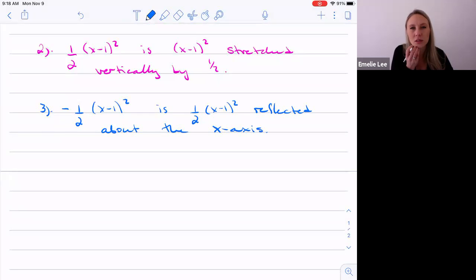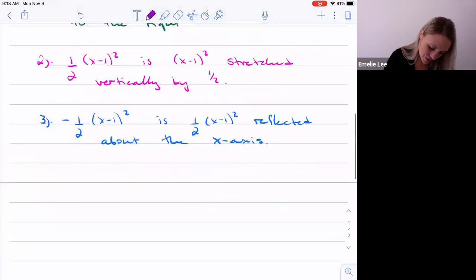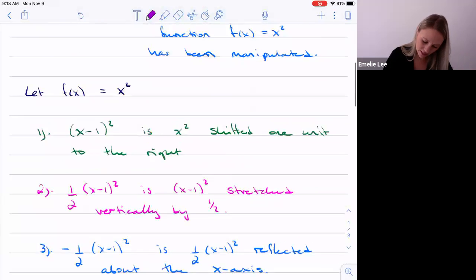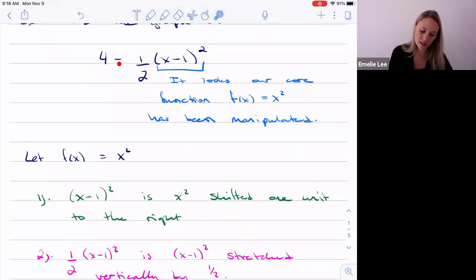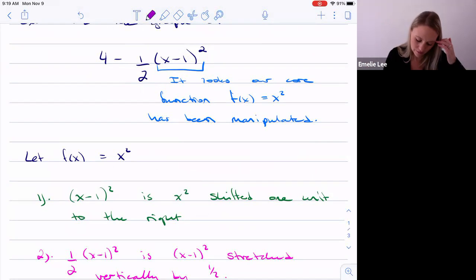Now, what color haven't I used? Purple. Very similar though. The last thing I need to do here: it looks like I've worked my way out, so you just snowball your way out. Here I'm adding 4 to the overall function, which means I'm going to shift up by 4 units.